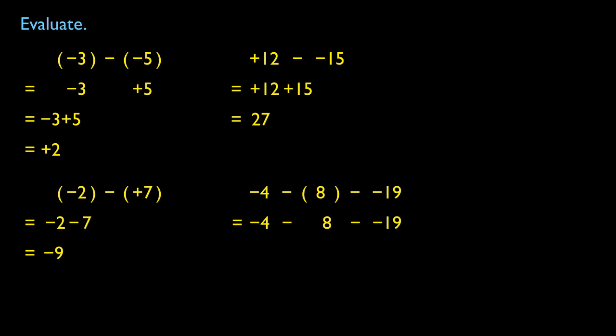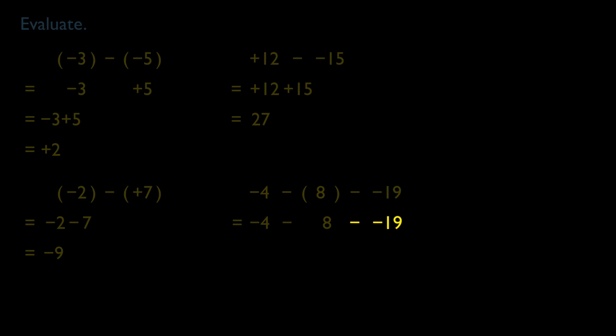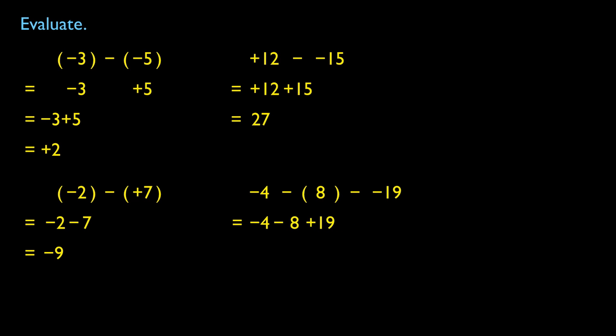As well, the negative, or the subtracting of -19, or the removing of a loss of 19 is equivalent to a gain. And so we replace the two negatives with a positive. And so my question becomes -4 followed by -8 followed by +19. Or in other words, a loss of 4 followed by a loss of 8 followed by a gain of 19.